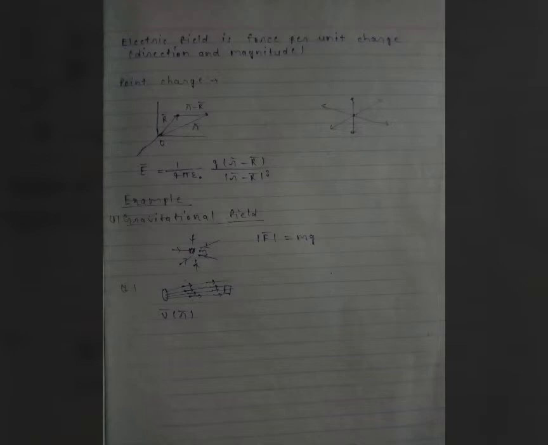Therefore, given this distribution of charge, the electric field by definition at point R is going to be 1 over 4 pi epsilon 0 integration over this volume rho r prime over r minus r prime cubed times vector r minus r prime.